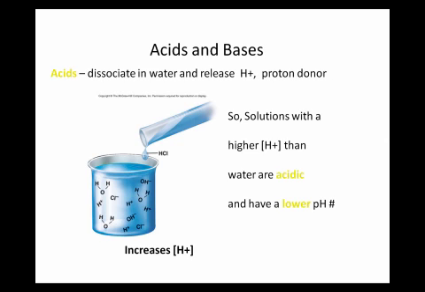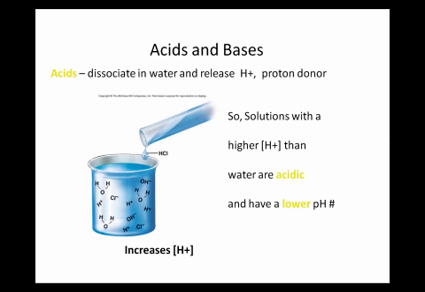It has 1 proton and 1 electron. If you take the electron away, what's left? A proton. And so many times we will use the H+ to represent a proton. Or a hydrogen nucleus. So an acid is something that's going to dissolve in water, and in doing so, it releases a proton, so we call acids proton donors.